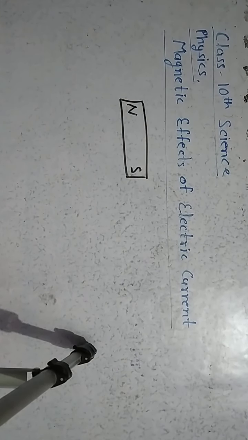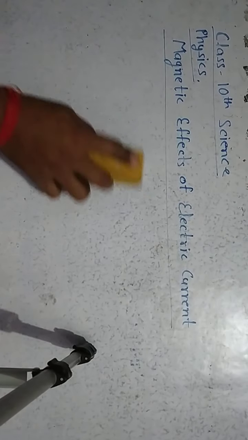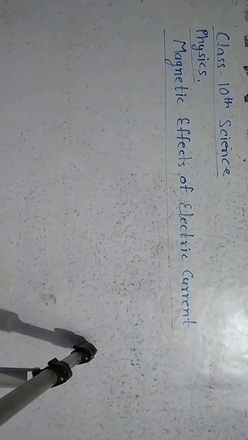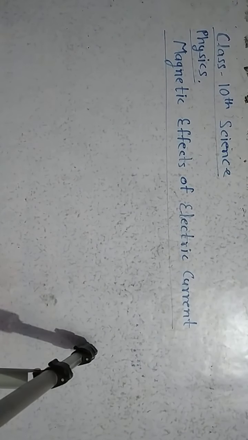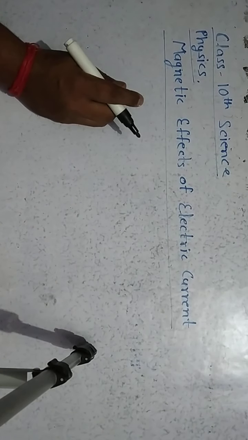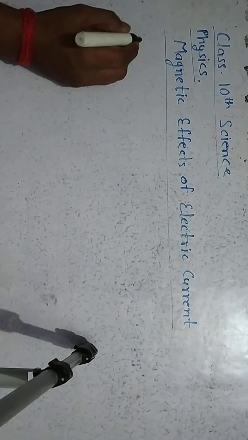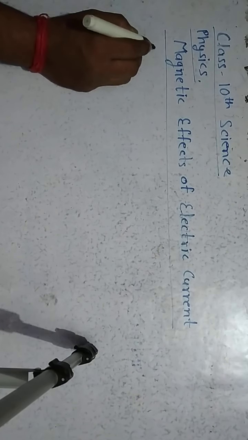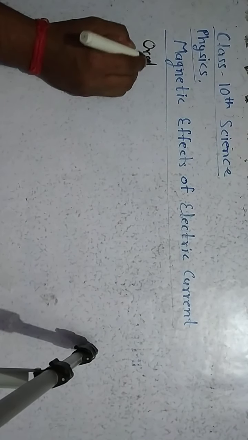Here we have to learn the magnetic effect of electric current by the experiment of a scientist named Oersted.